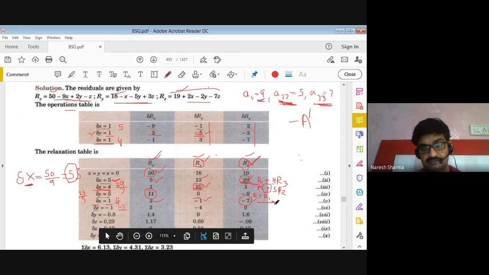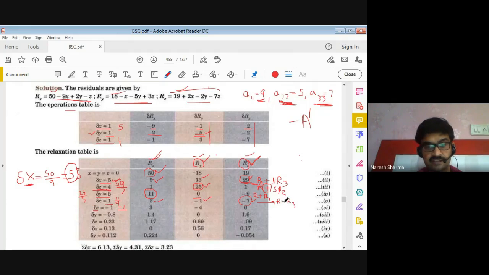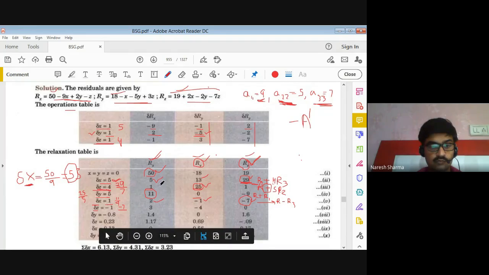We write here R minus R3. So this 2 minus this, plus 3 minus 1, minus 3, minus 4, minus 7 plus 7 is 0.